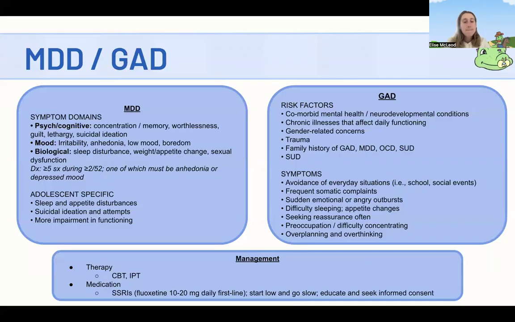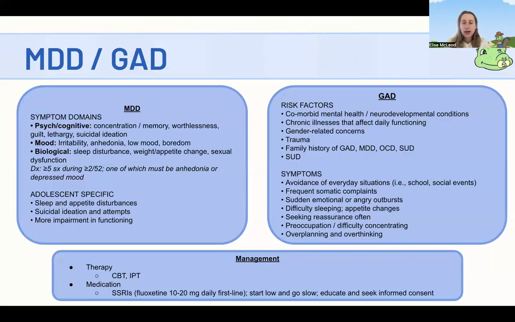Management involves, again, that biopsychosocial framework, but therapy is key here. So, CBT, or interpersonal therapy as well. And if the young person is to be started on medication, fluoxetine here is key.